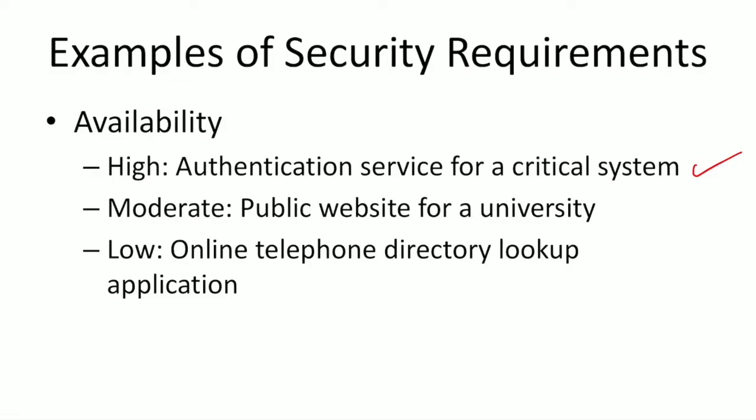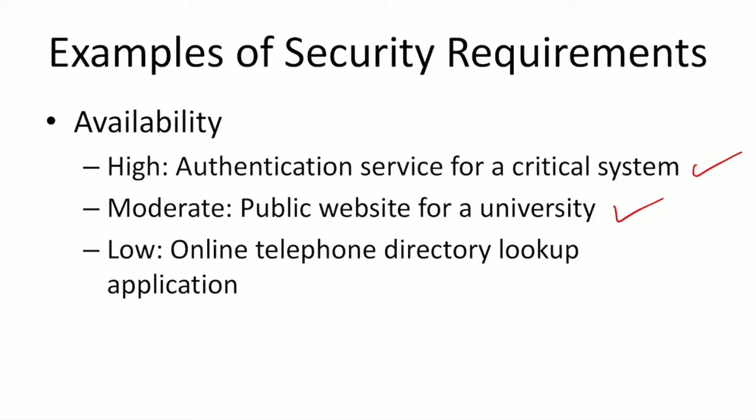An example of a moderate availability requirement would be a public website for a university. The website provides information about current and prospective students, courses, and faculty. This is not really a critical component of the university's information system, but its unavailability would cause some embarrassment to the university.